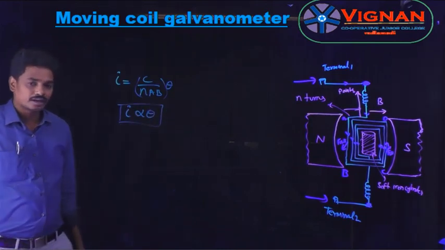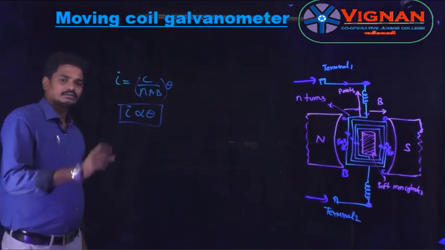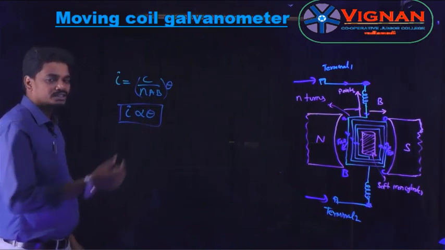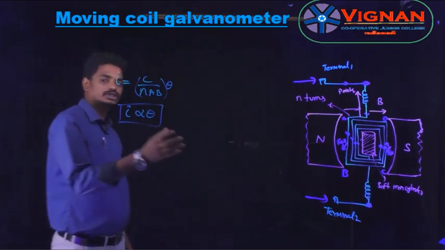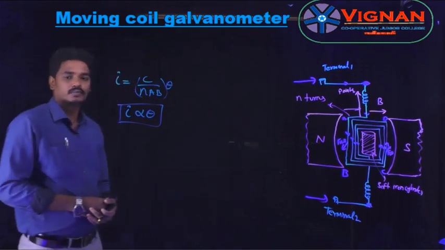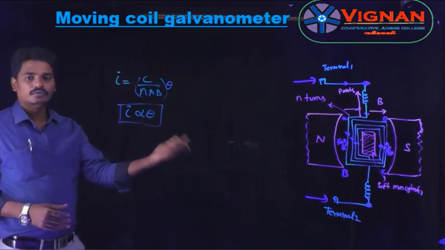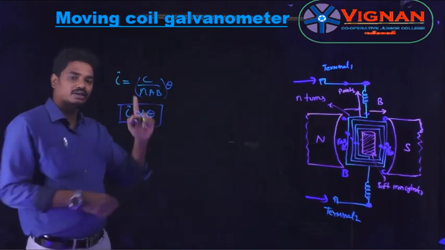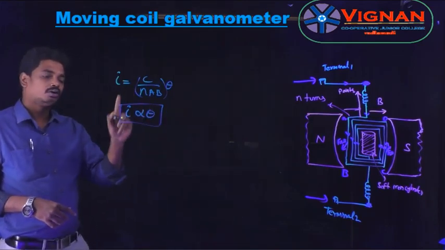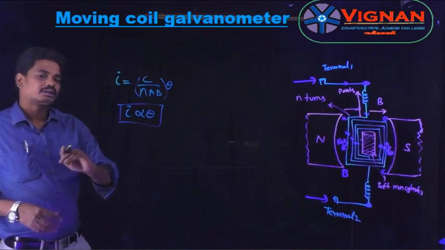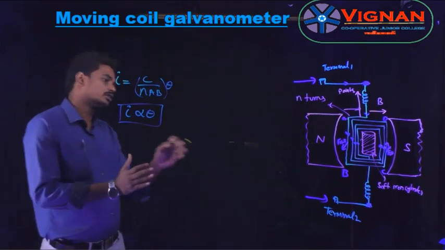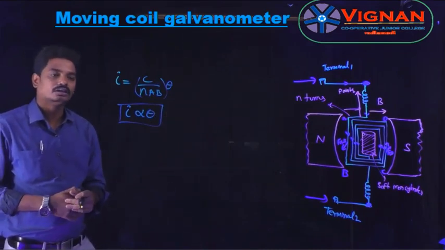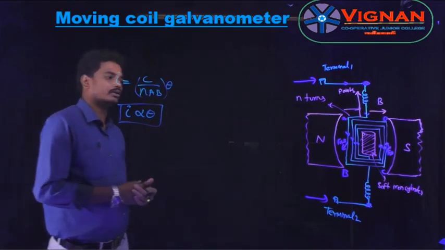Whenever the current flowing through the circuit increases, the deflection angle also increases, which gives the reading. As you saw in the video, whenever the current flows, there is a deflection in the pointer, and as the current increases, the deflection also increases, which gives the reading for the moving coil galvanometer.